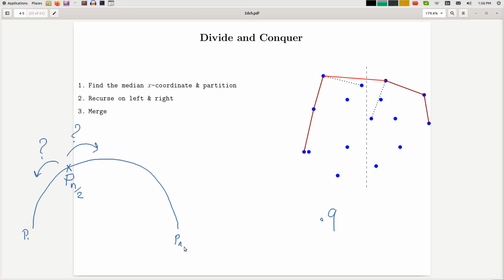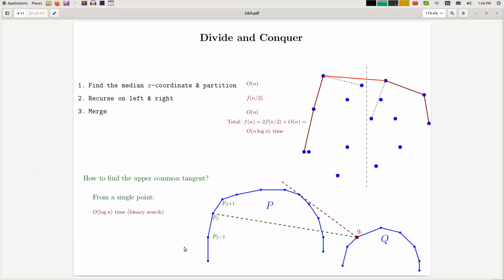Okay, so I hope you have thought about this for a bit, but the answer is actually very nice. Let me go back to my picture here. I actually kind of had a hint for you guys. So when I'm looking at point Pj and a point Qi, I want to know whether the common tangency is that way or that way. The trick is to look at the neighbors of Pj. So I'm looking at the vertices before and after Pj on the upper hull P. In this case, I can see that the point Pj minus 1 is below, whereas point Pj plus 1 is above, right?